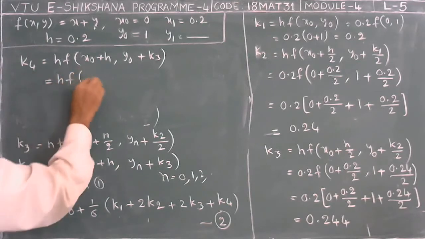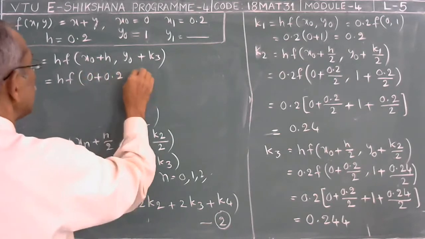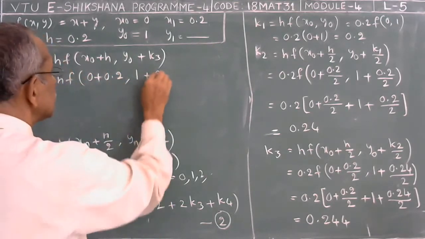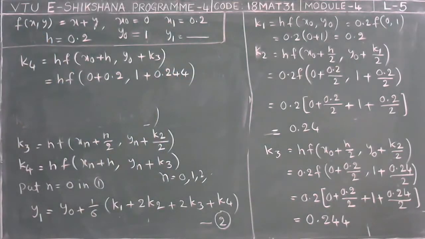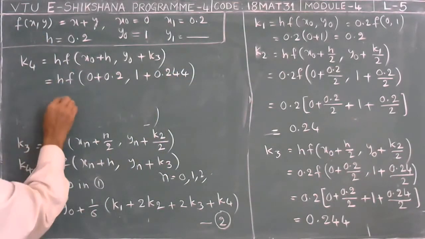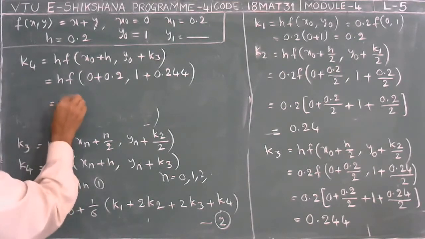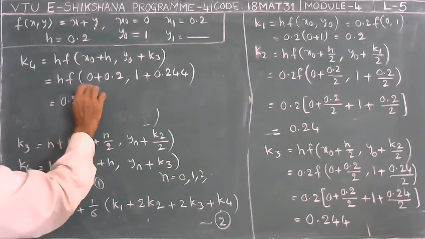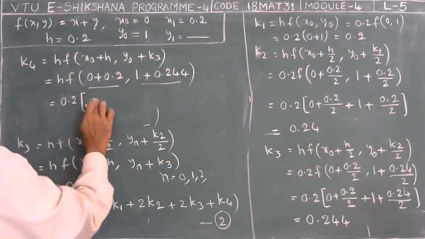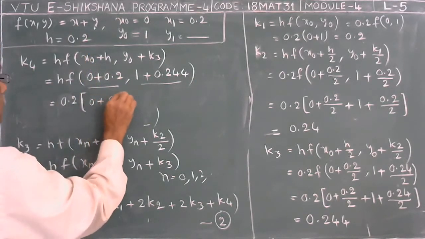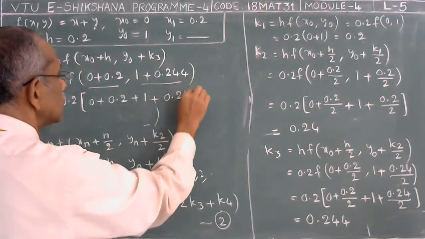H into f of x naught is 0, h is 0.2, comma y naught is 1, k3 is 0.244. So apply the definition. H is 0.2 into f of x comma y is x plus y. So 0 plus 0.2 plus 1 plus 0.244.